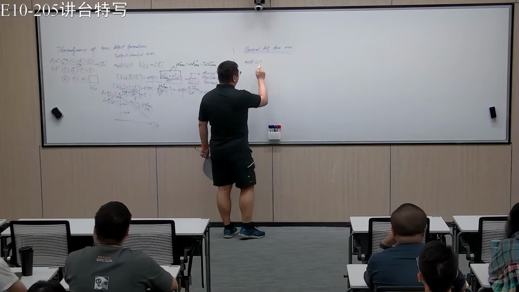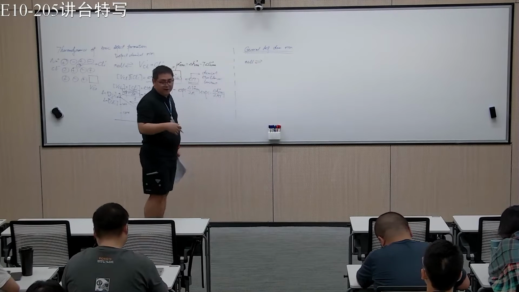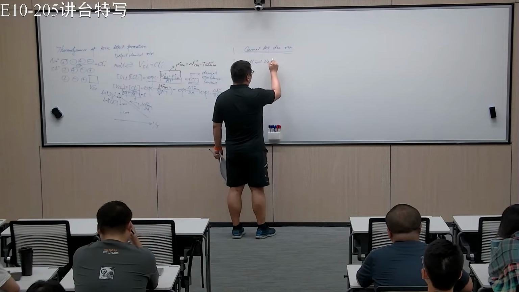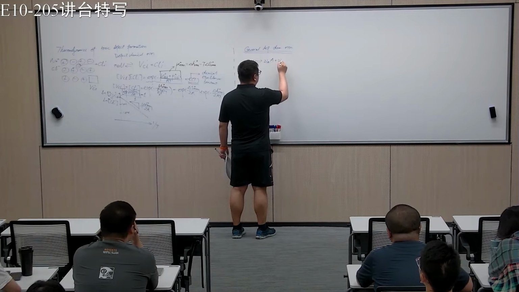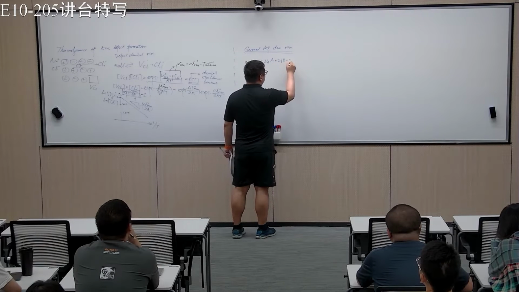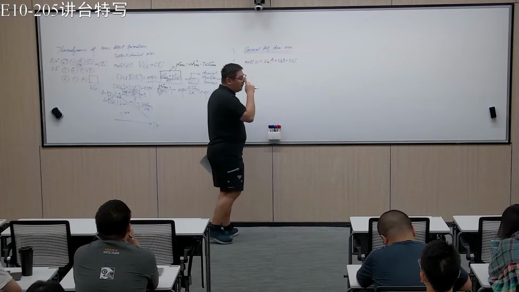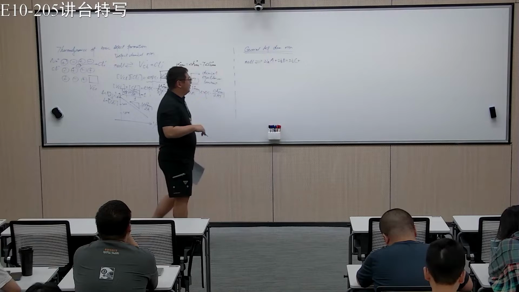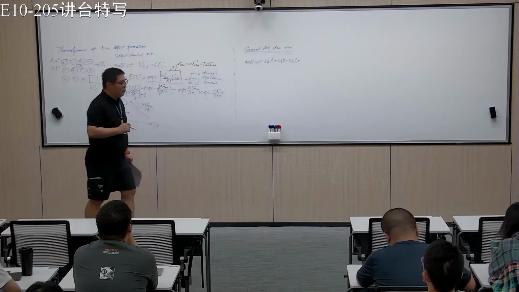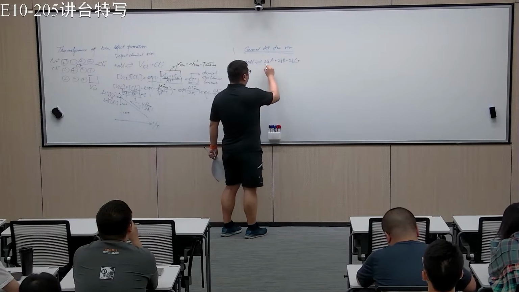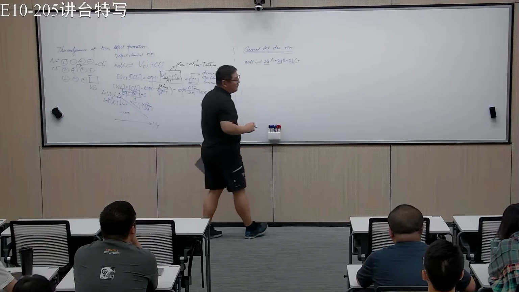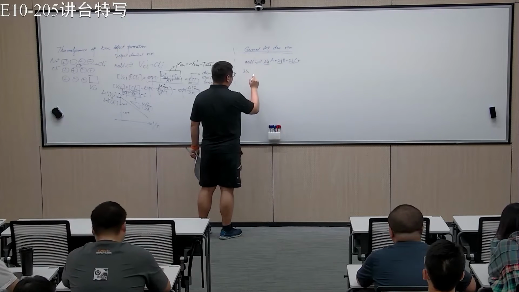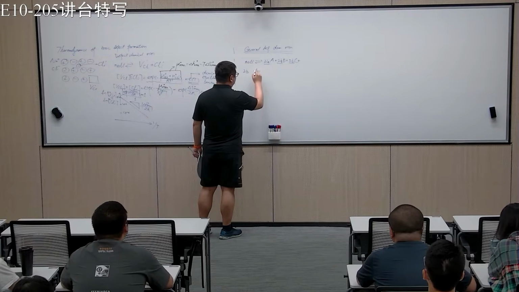Then you form different kinds of defects, right? So it can be mu A plus mu B plus mu C, and I'll explain what it is in a minute, and so on and so forth. So this mu D is basically the stoichiometry.